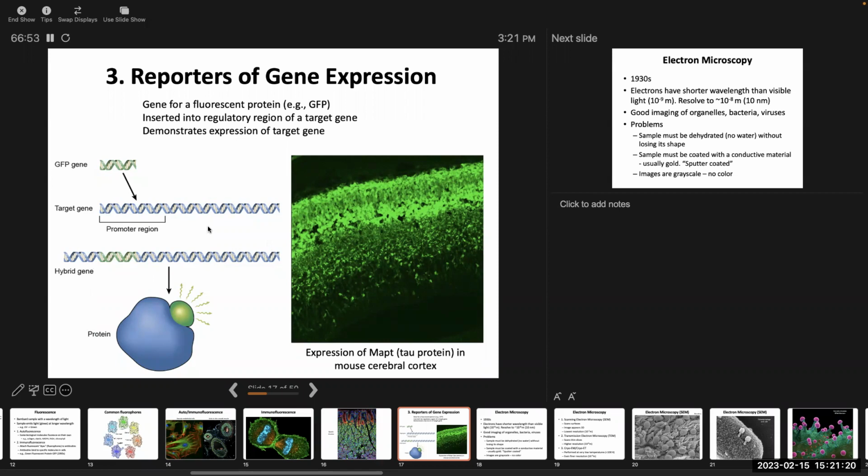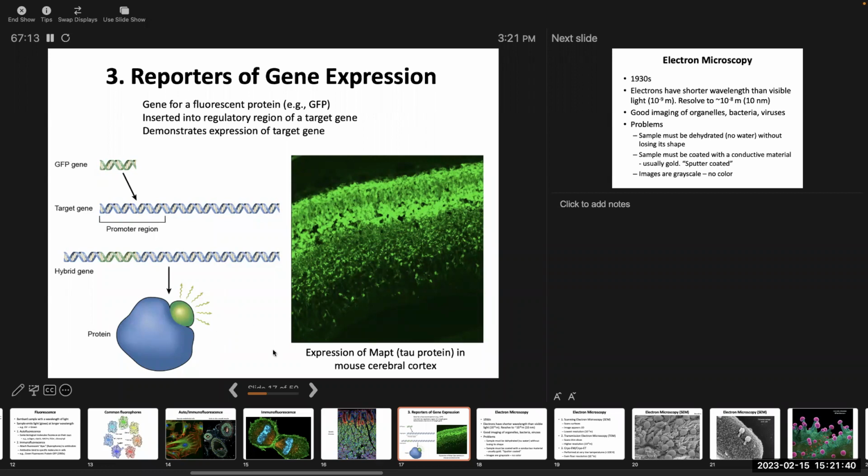That gene is then going to be transcribed into messenger RNA and translated into protein, and you will manufacture a protein which has the normal protein that you're interested in, but it actually has the green fluorescent protein embedded in it as part of the protein.